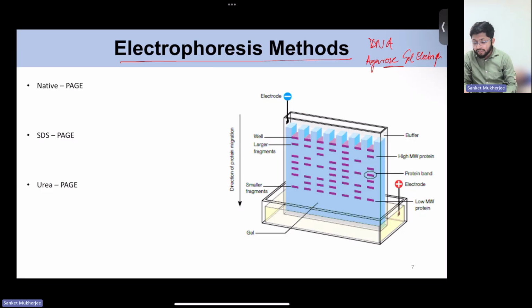DNA, as we already know, is negatively charged. So there will be a DNA and the gel. If these are the wells, they will migrate towards the positive charge, based on their molecular size. And we have a ladder which tells you what is the size of your DNA.